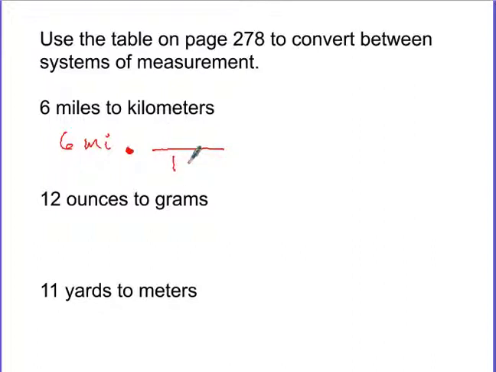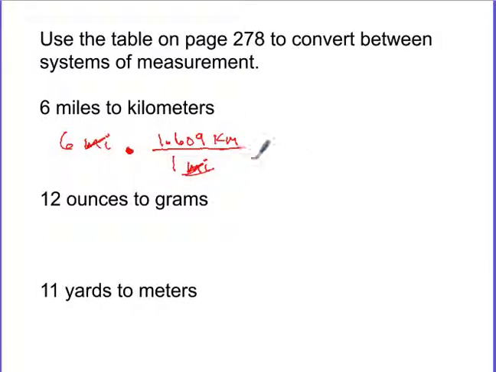I want 1 mile. Look at your conversion factor table. 1 mile is how many kilometers? 1.609 kilometers. Now miles is on the bottom, so it cancels out.